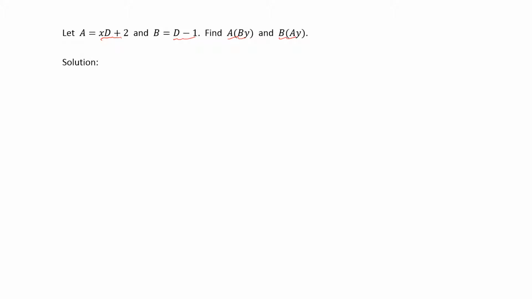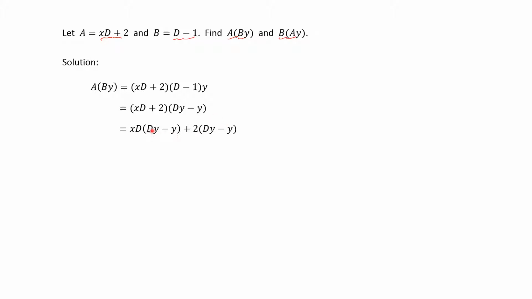So first step is A of By. Our A is xD plus 2 and then D minus 1 and then y. Then distribute y, you have xD plus 2 times Dy minus y. Then you have to distribute xD to Dy minus y and distribute 2 to Dy minus y.